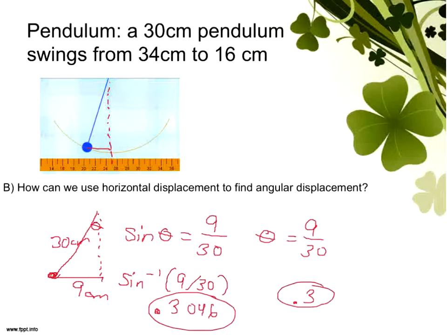Whether I'm calculating the exact distance or the approximate distance, they're going to be the same. They're just giving you a rule to use. You can do sine theta, or you can just do theta, which is the fraction opposite over hypotenuse, and you are going to get really, really close to the exact same answer. So they're giving you a way to do it without using your trig functions.